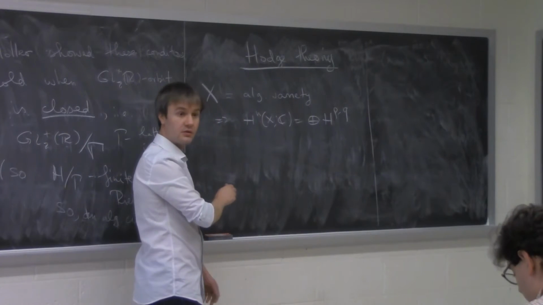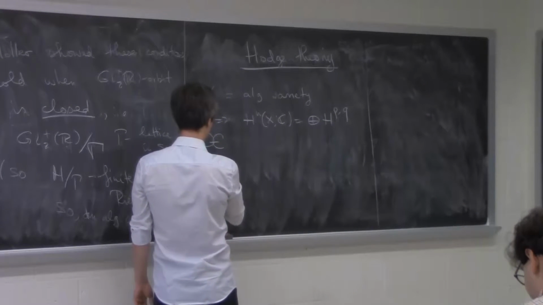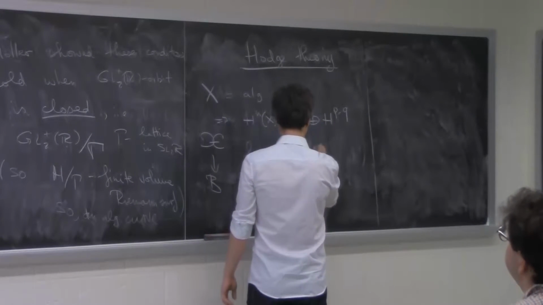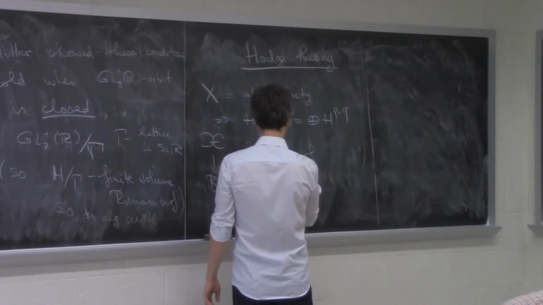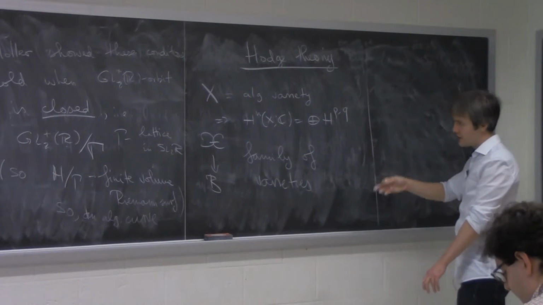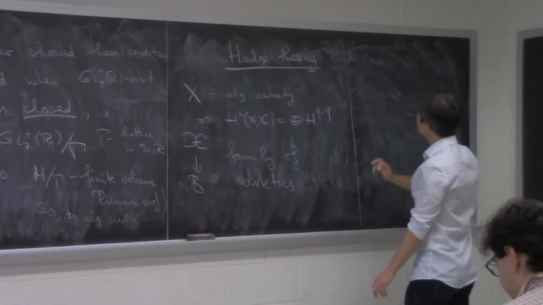Now if you have a family of varieties, the simplest example is curves and Riemann surfaces. So this is the case that we're concerned with.